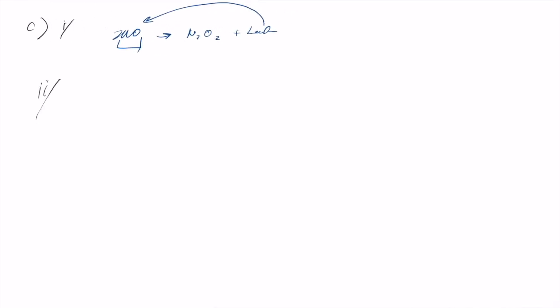So question 2 here. A two-step mechanism is proposed for the formation of NO2 from NO that involves an exothermic equilibrium process.